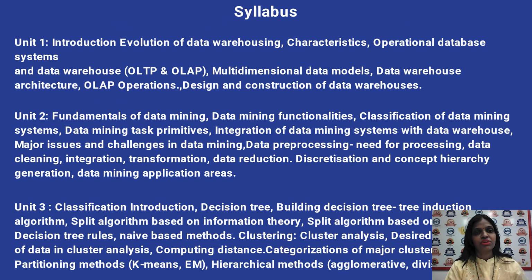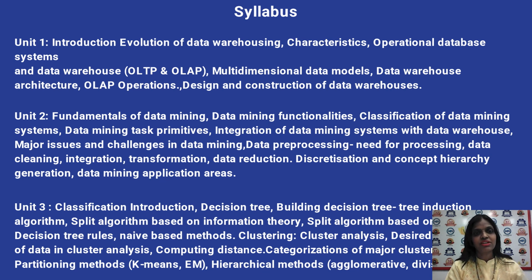Now, coming toward the syllabus of the data warehouse, with Unit 1, we have Introduction, Evolution of Data Warehousing, consisting of characteristics, operational database system, and data warehouse. The characteristics of data warehouse are storage, fast accessibility, denormalization, and fast accession.